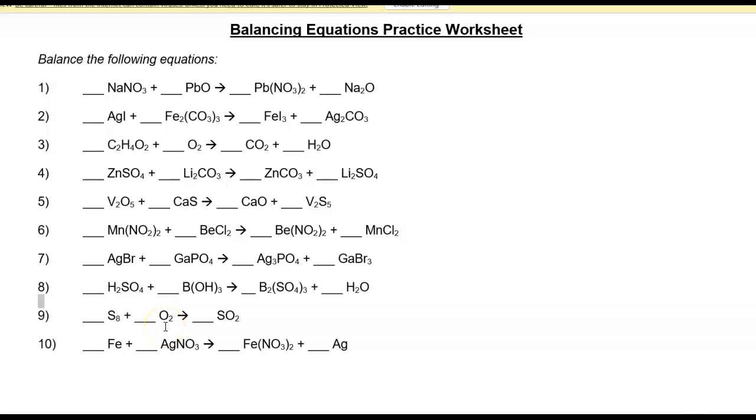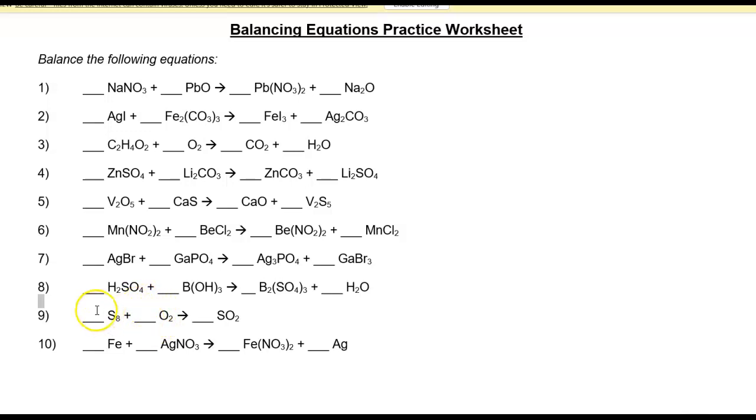What we have to do here is play a little game where we put the proper coefficients in so everything balances. Since I have 2 oxygens on that side and 2 on that side, we can save the oxygen for the last thing that we balance.